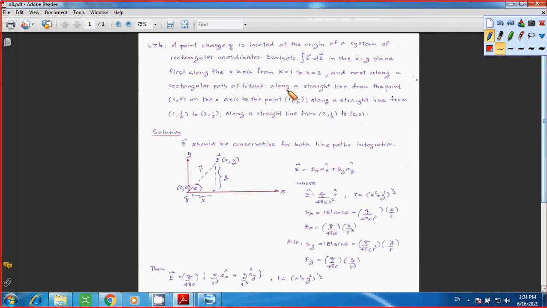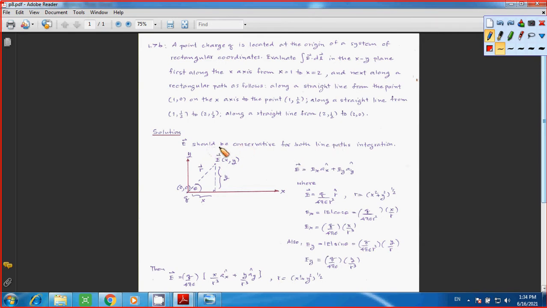So actually they want you to compare paths. It doesn't matter which path you take for line integration: if the starting point and the ending point are the same, you get the same result.